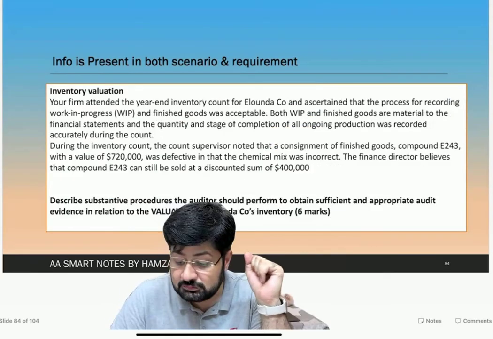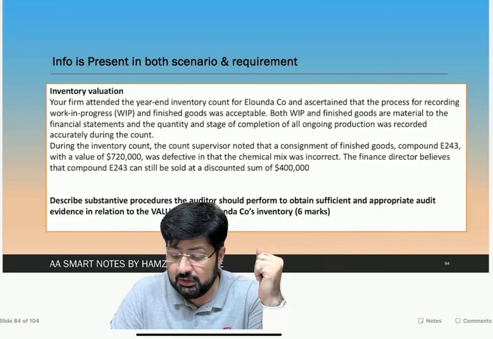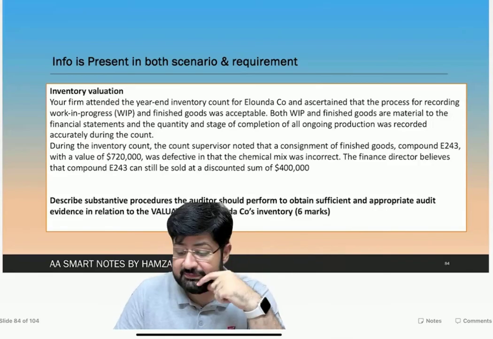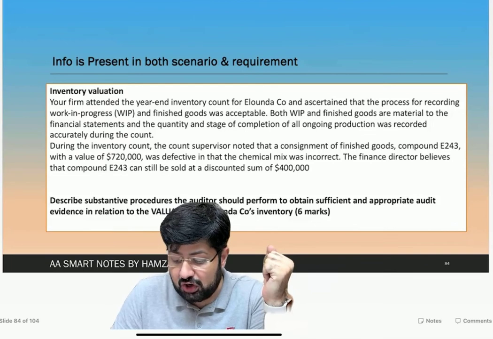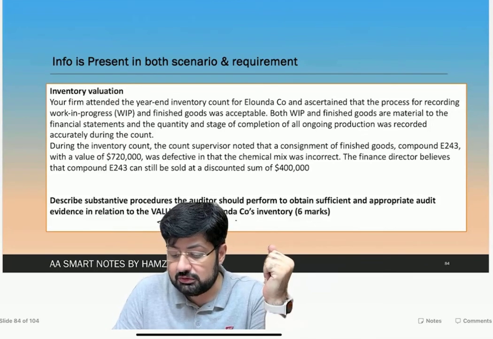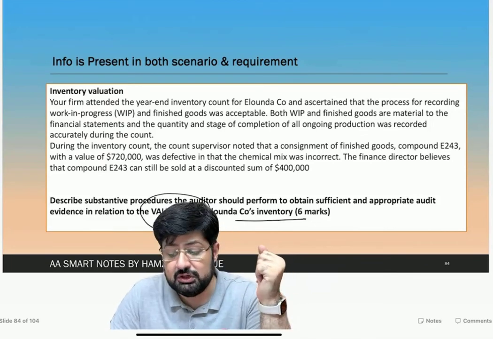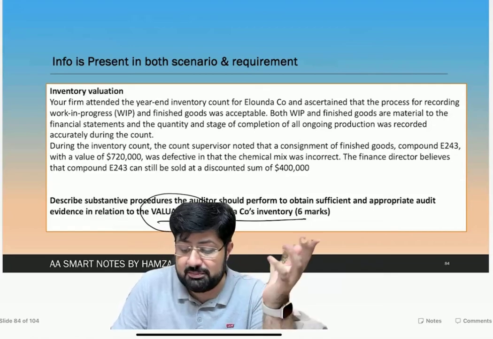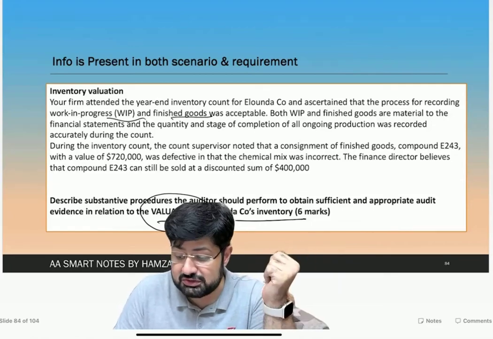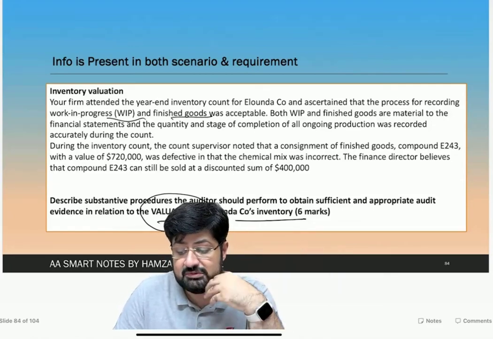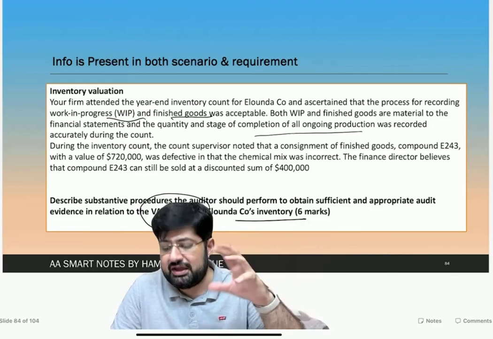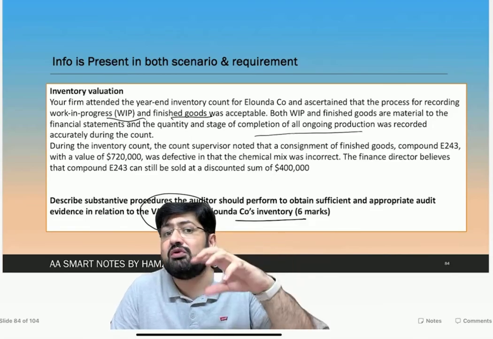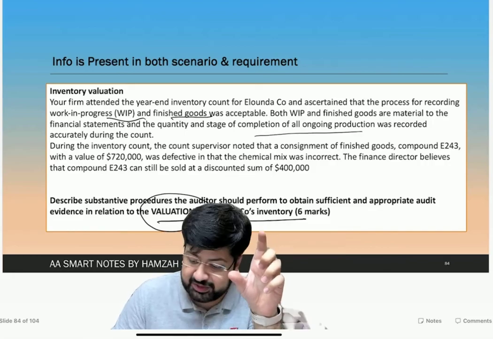Next, another example of the same. These are all past paper questions. They have given you the requirement: valuation of inventory, so the valuation assertion. The scenario tells you that the company has work in progress and finished goods at the year end, with different stages of completion. So you can write substantive tests on the valuation assertion as per the requirement.